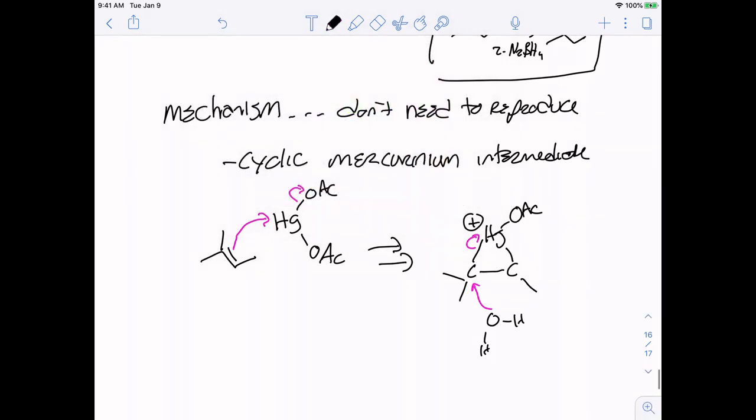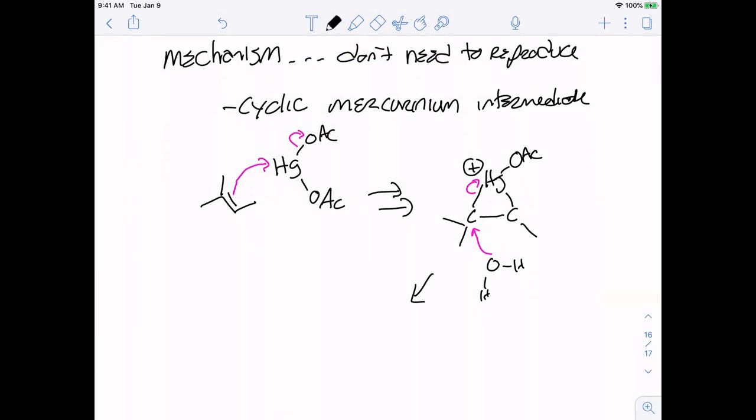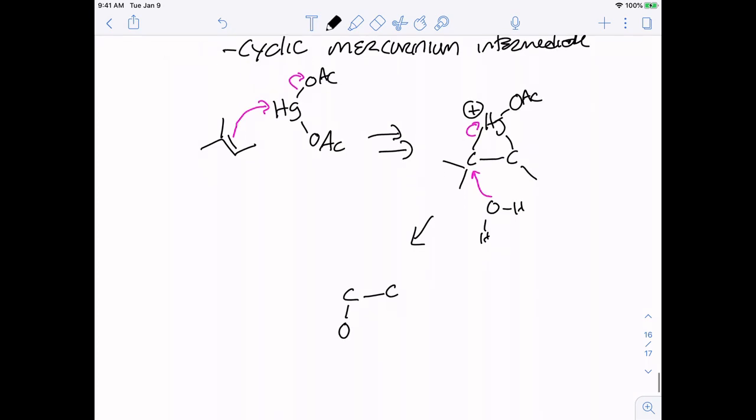Right, so right now we have an OH group here. I guess water, I still have that proton on there. I have these two groups. I know I'm not showing stereochemistry very well. This is what happens when I say you don't have to reproduce it. I start getting really sloppy on you.